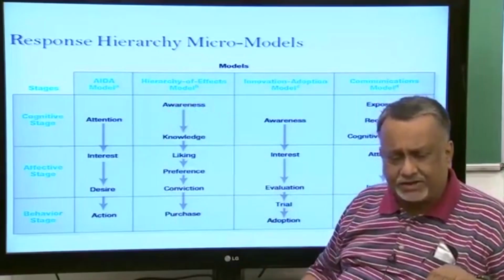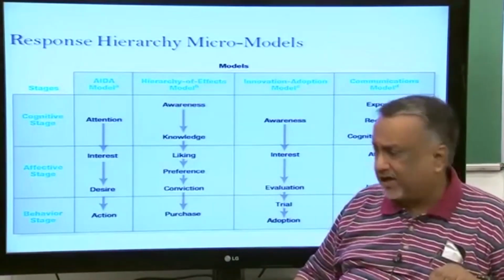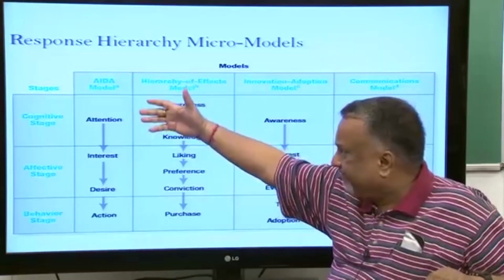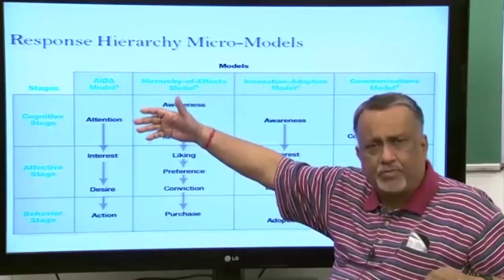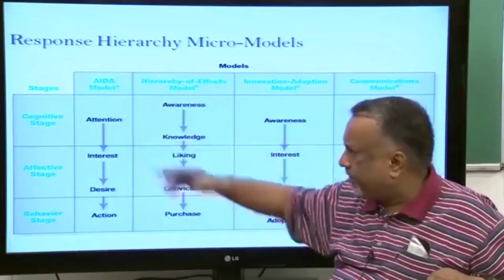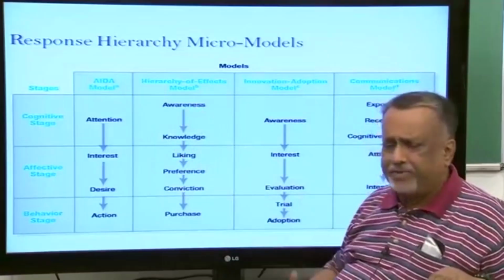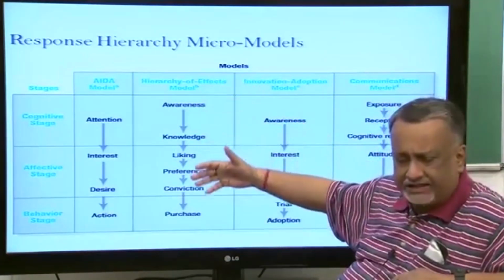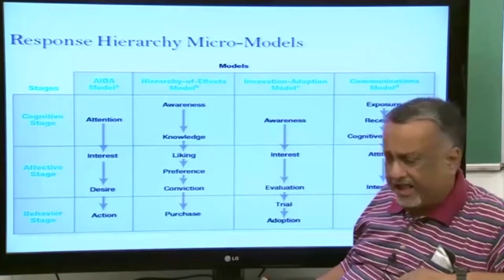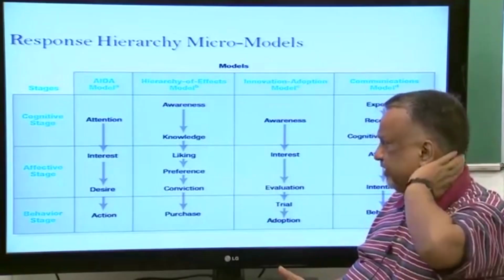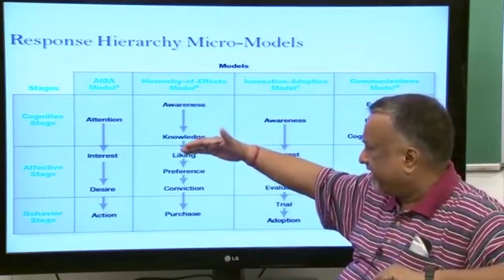The AIDA model actually was proposed in 1925 by E.K. Strong, and it is still a very popular model, very easy to understand and very powerful. There are some further improvements which have happened over the years. For example, in 1961 this was proposed, which is a slight improvement, or rather it goes into a little bit more detail at each stage.